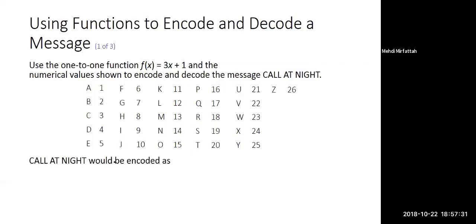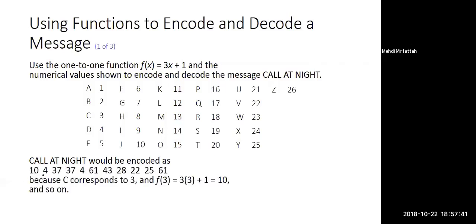Call at night would be encoded as, you have to use this formula here, as these numbers, 10, 4, 37, and so on. Why? For instance, the letter C corresponds to number 3. So I have to put that number into this equation, f of 3. f of 3 would be equal to 3 times 3 plus 1, which is equal to 10.